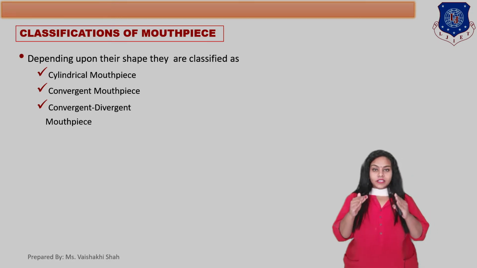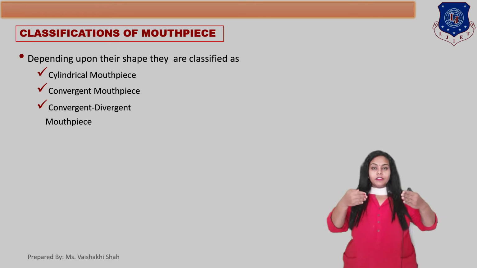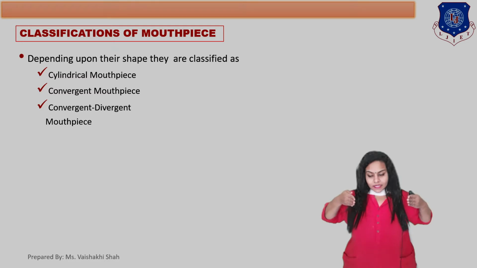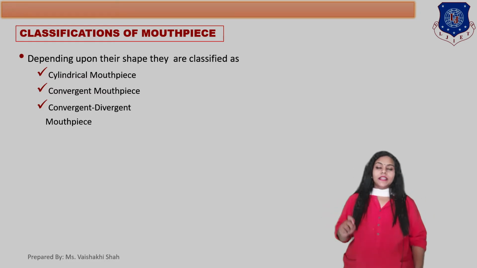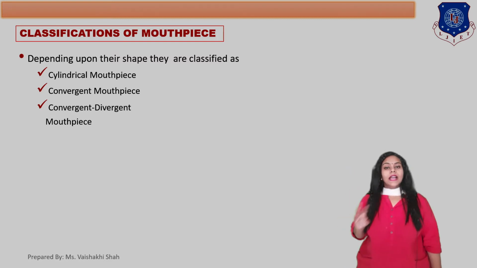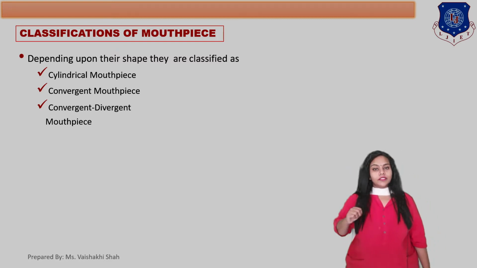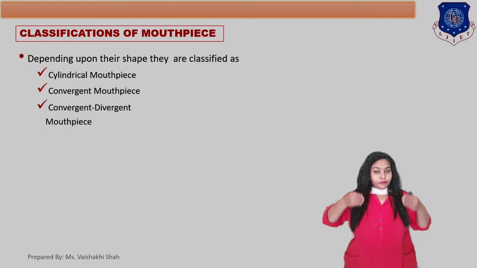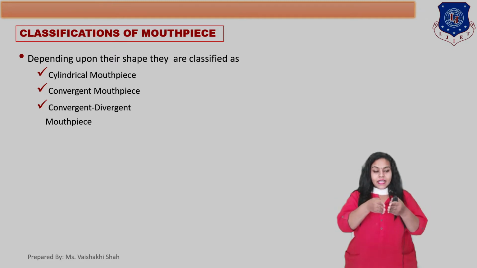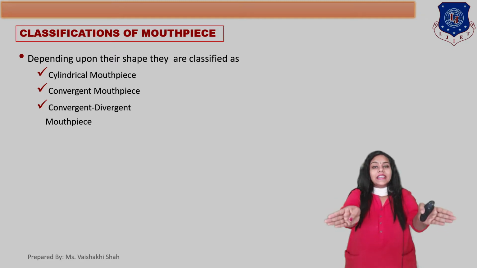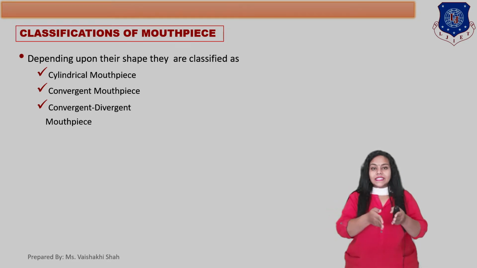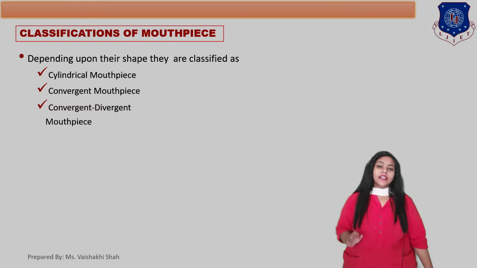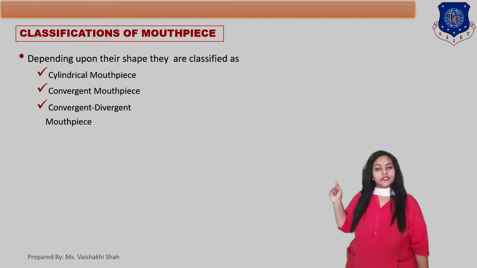In a convergent mouthpiece, the diameter of the pipe is decreasing. This type of mouthpiece where the diameter of the pipe decreases is called a convergent mouthpiece. And third is the convergent divergent mouthpiece, where first the diameter decreases and then the diameter increases. The pipe where the diameter first decreases and then increases again is called a convergent divergent mouthpiece.